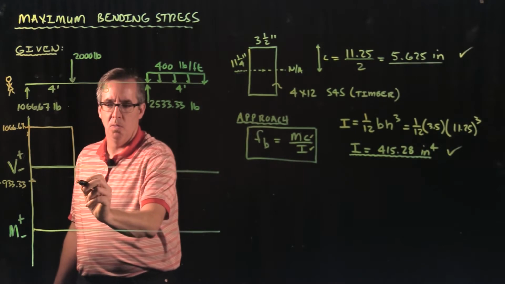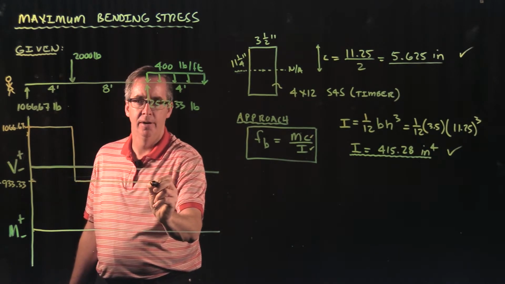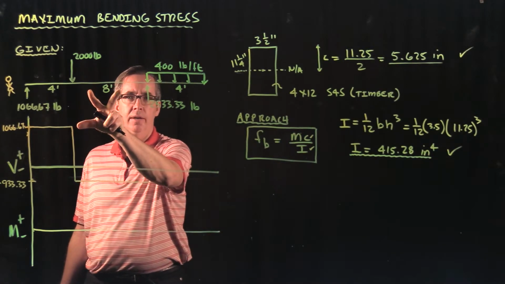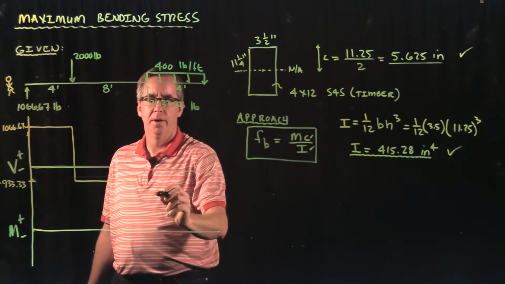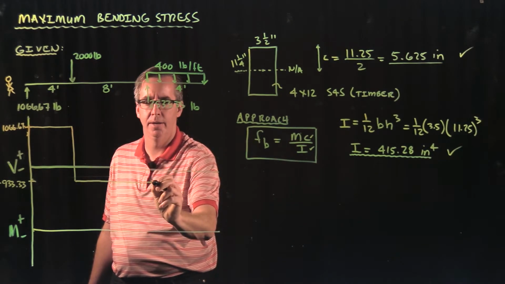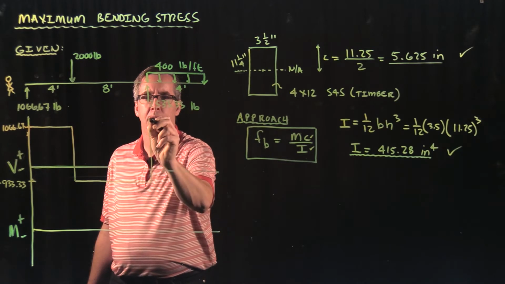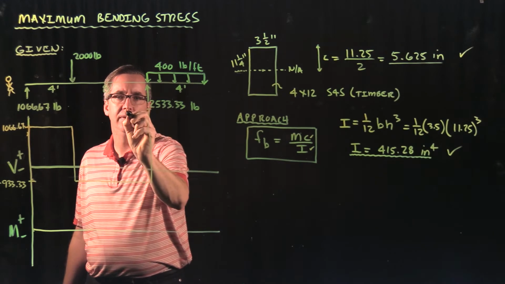She walks across, again not encountering any change in shear because there's no loading area. And then she gets to this reaction right here of 2,533. This is going to take us up to a value of 1,600.